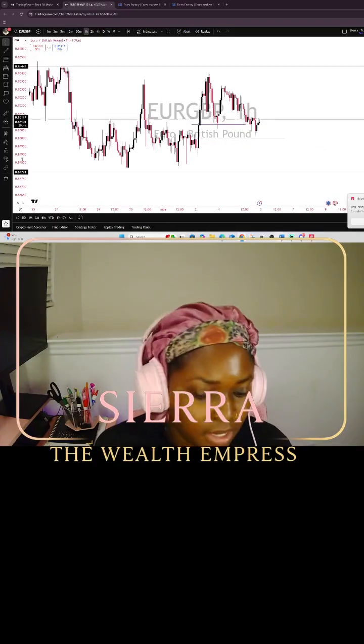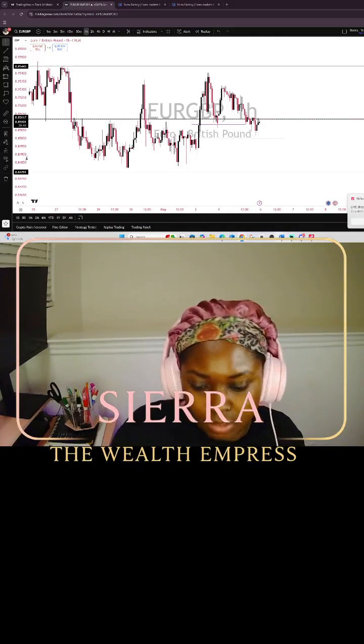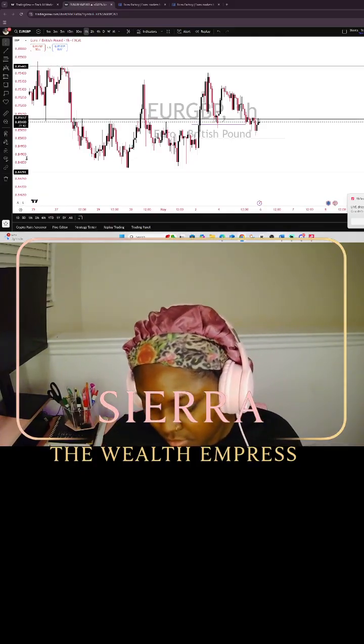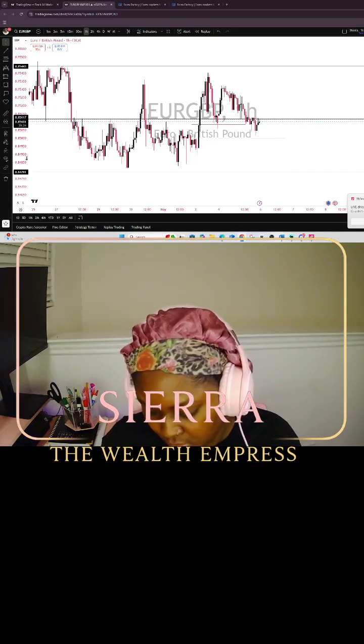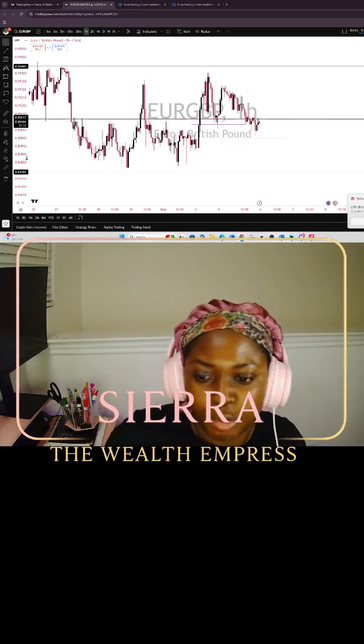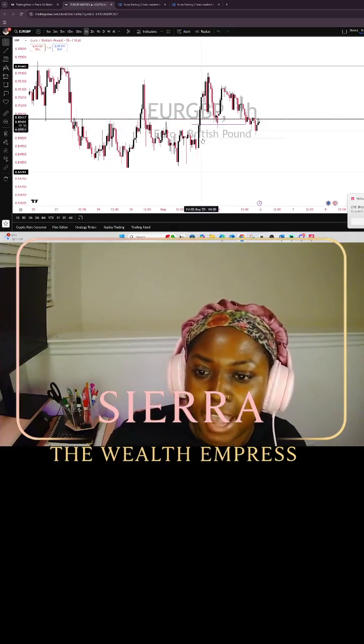Euro GBP. Let's see what happens at this gap.